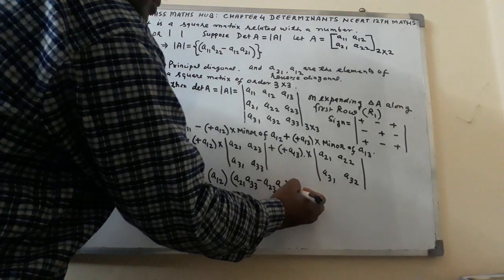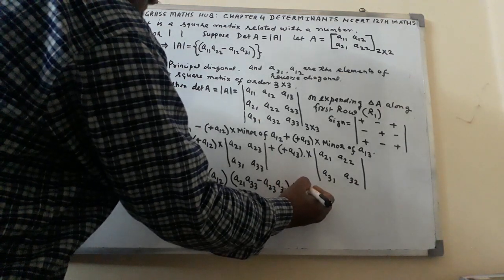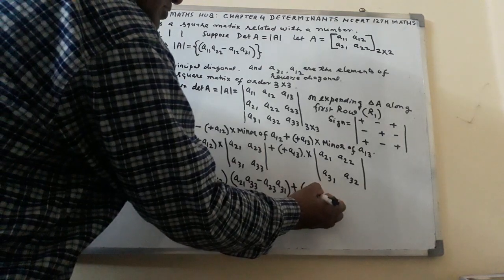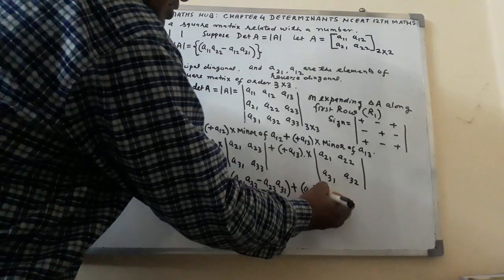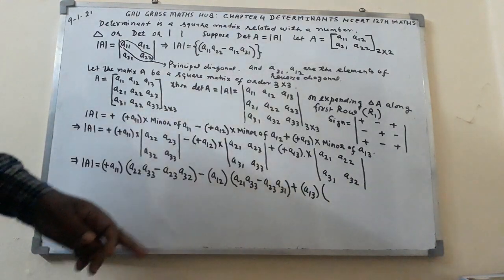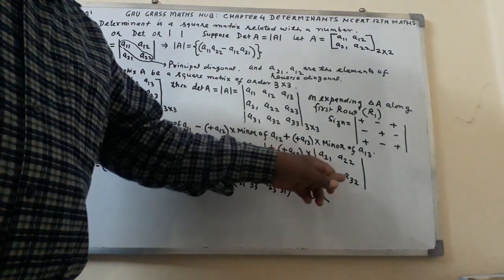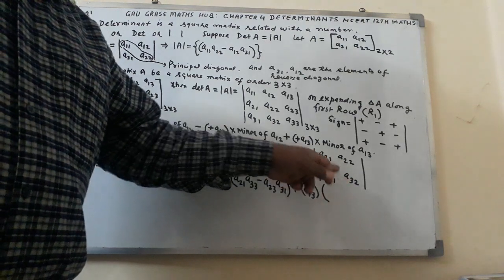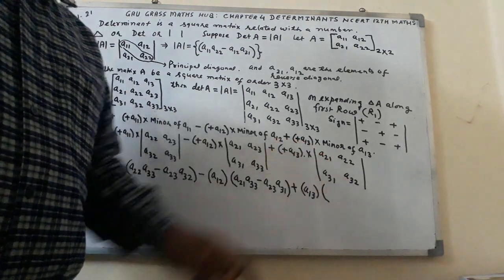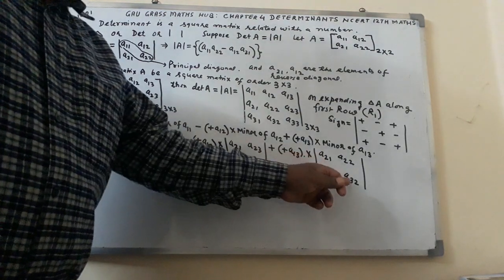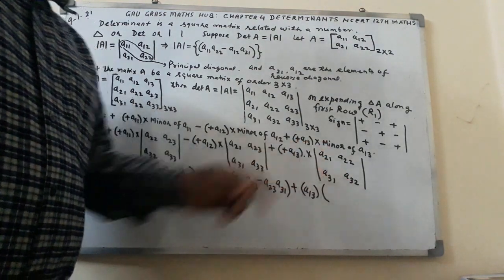plus A13, here you can see elements A21 and A32 are there in principal diagonal. Elements of principal diagonal A21 and A32 will get multiplied together.